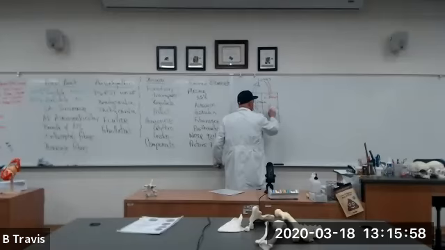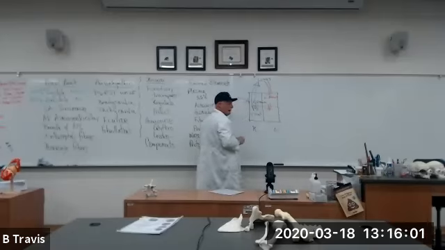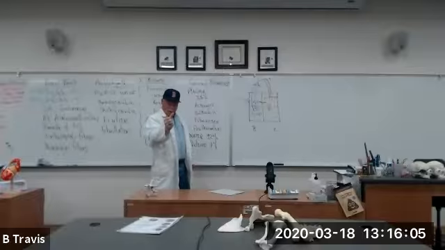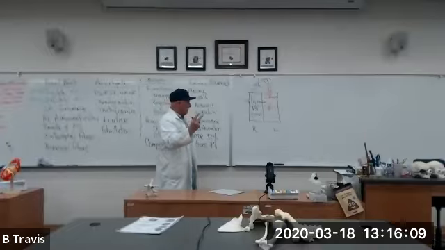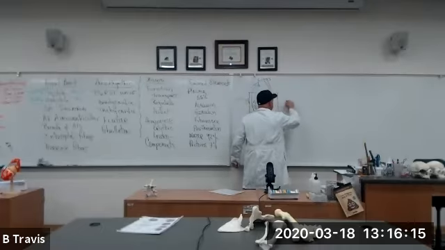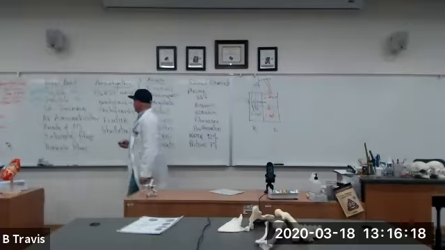Then it goes through the left atrioventricular valve, as you remember, that has 3 names. Left atrioventricular valve, bicuspid, and mitral valve into the left ventricle. From the left ventricle, it's distributed out to the body.